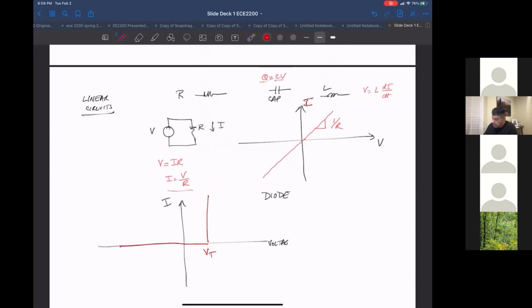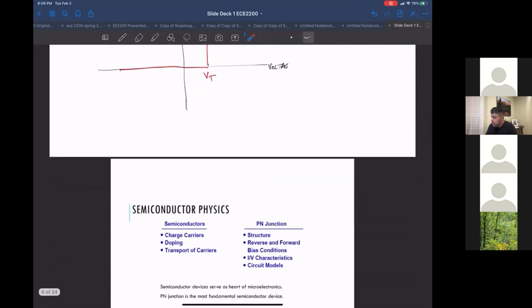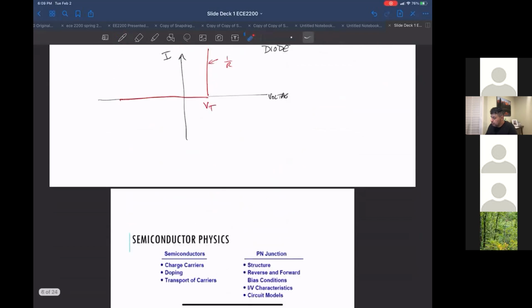And remember, the slope of this curve is always 1 over R, meaning that here the diode has a very low resistance because the slope is close to being infinite. And then here it has a very high resistance. As we'll see, there are lots of useful features that this nonlinearity gets you. Then we'll talk about transistors, and you'll see that again, they have useful features.